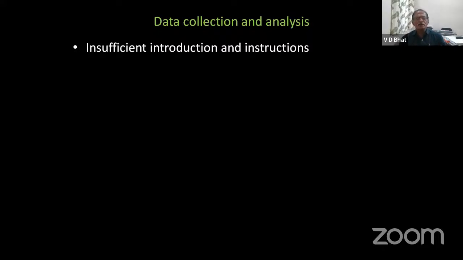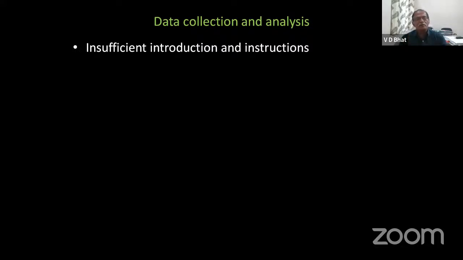Now what happens is a research scholar might not introduce the study properly, or might not give the instructions to the respondents on how to respond. Just hands over the tool. If it's a questionnaire or an attitude scale, the tool is just handed over to the respondents with a request, please fill this up.